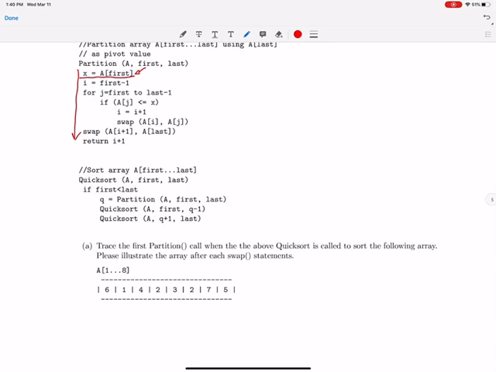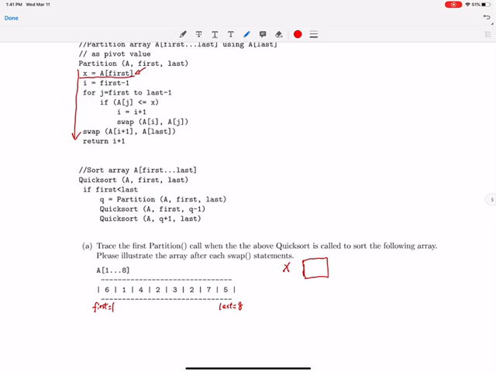The essential thing is to realize my first is set to 1 and last is set to 8. Let's keep track of the variables' values by drawing a box.